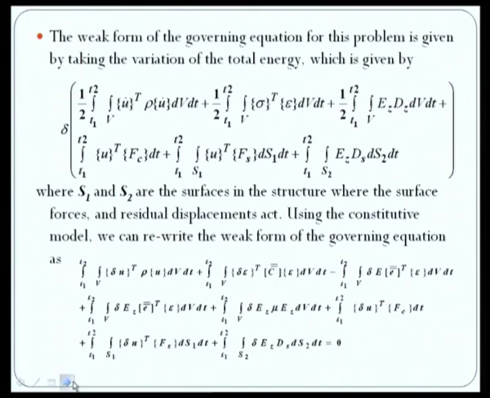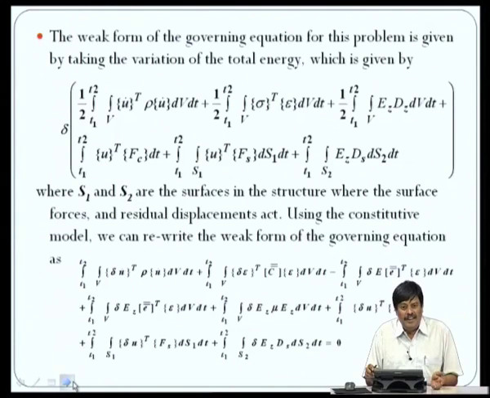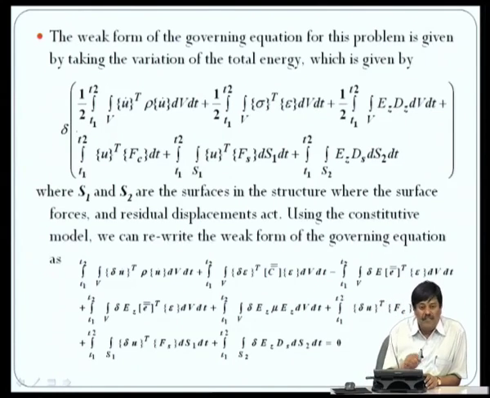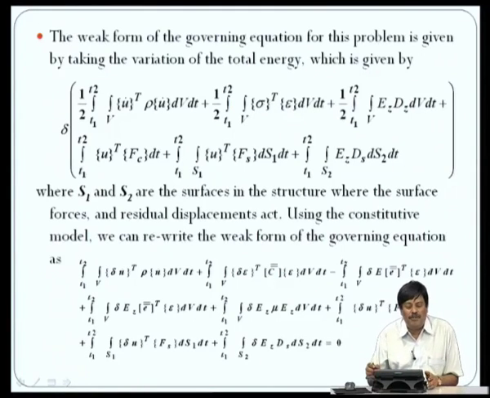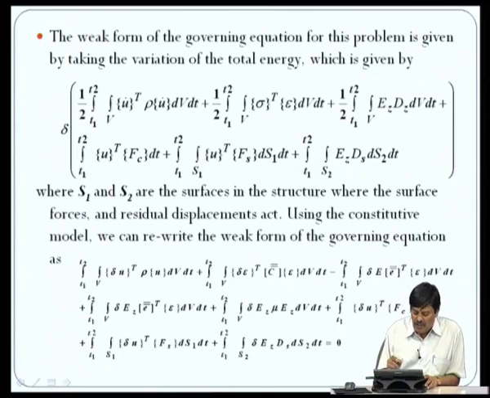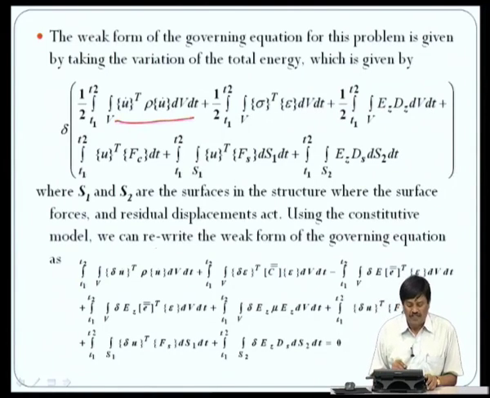The next part is, because additional complexities have arisen due to the coupling, we need to rewrite the weak form of the governing equations. The weak form can be obtained from Hamilton's principle, which we actually derived in the earlier lectures. Here we take the V form and minimize it to get the finite element matrix, just similar to the principle of minimum potential energy. The first part is the inertial part due to the mechanical degrees of freedom, coming from the kinetic energy of the system.